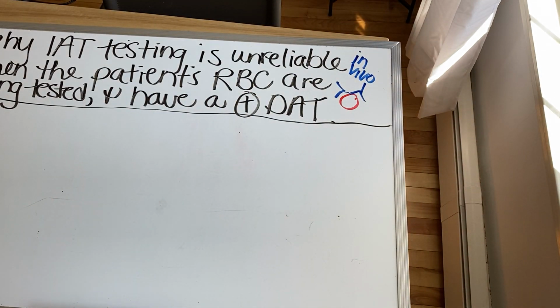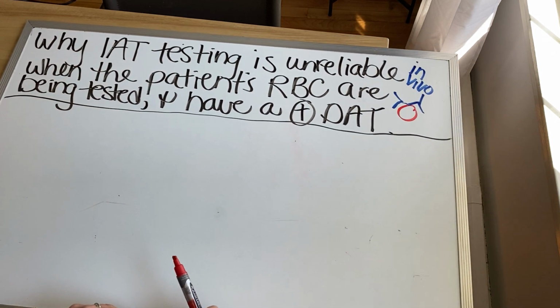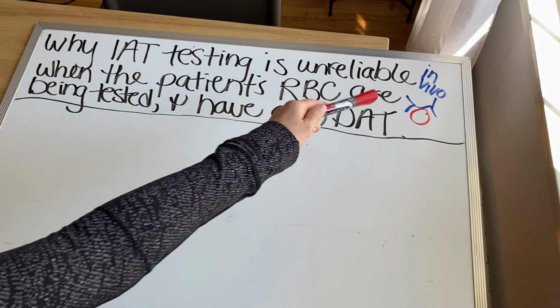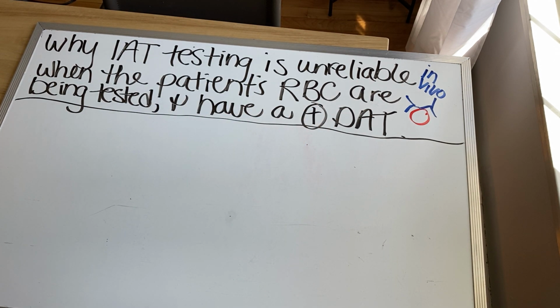They are already being coated inside the body. And that makes IAT testing unreliable because we don't know if the anti-human globulin is binding to the antibody that we added to the reaction or if it's binding to the previously coated antibody. So we can't rely on the test.